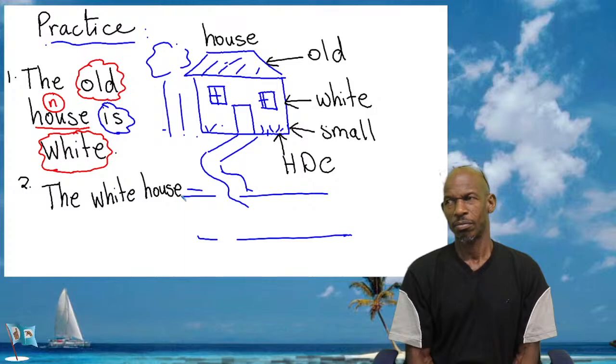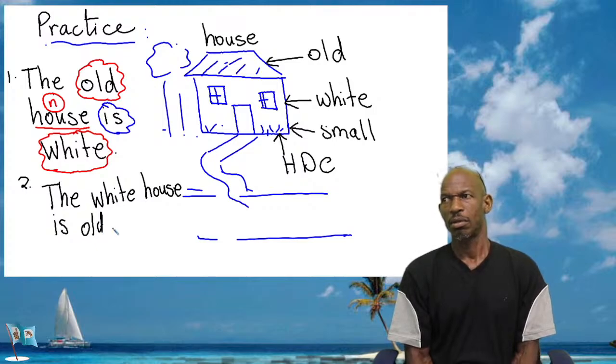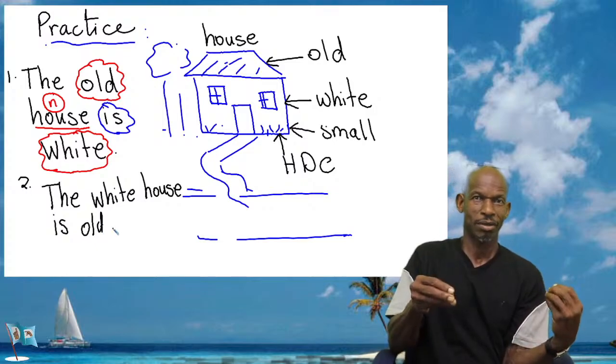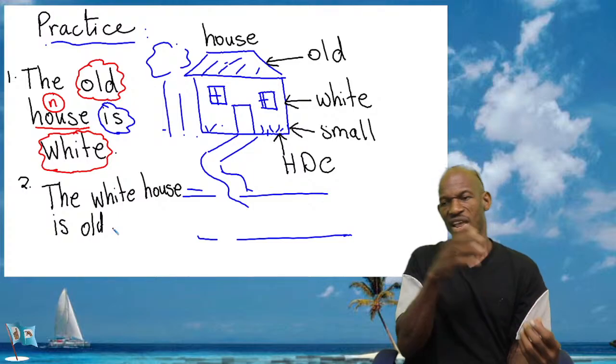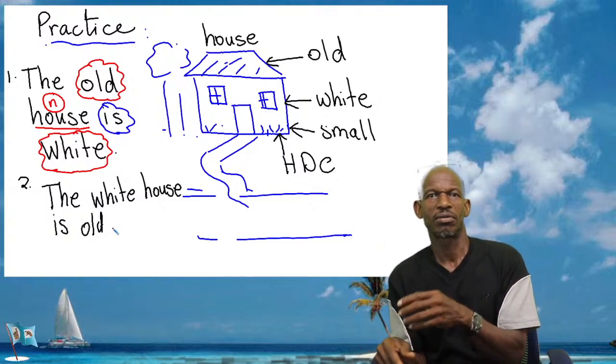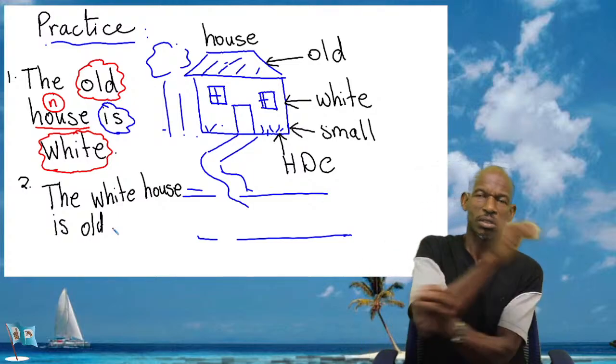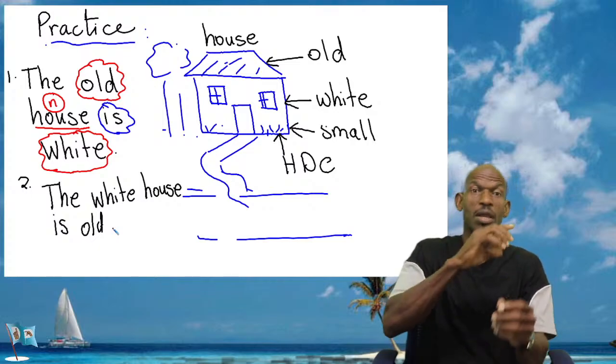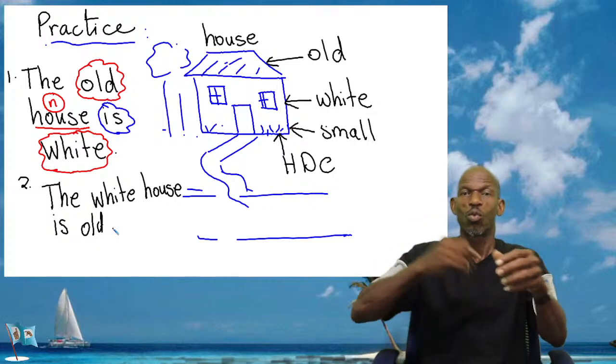All right, the white house. I can say the white house is old. And look at how I change it up. I can put old before the house, or I can put old after the house. So I have the old house is white, and then I can say the white house is old.